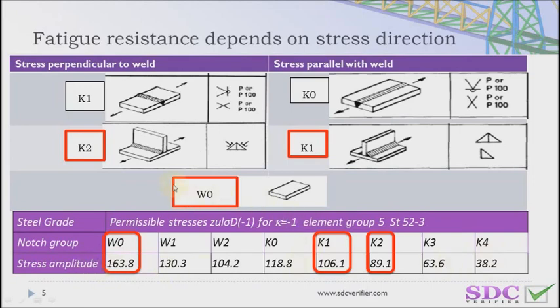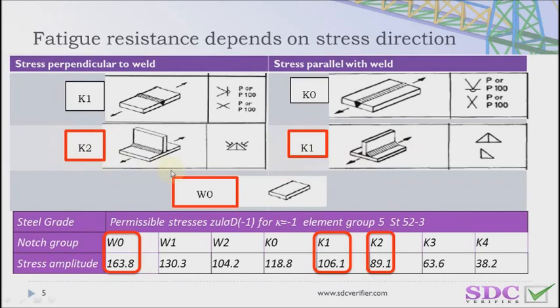We have the part where there is no welding at all, which is W0, which is the best category. Then we have stresses along a weld, which are defined as notch group K1, and for stresses perpendicular to the weld we use a slightly heavier notch group K2.